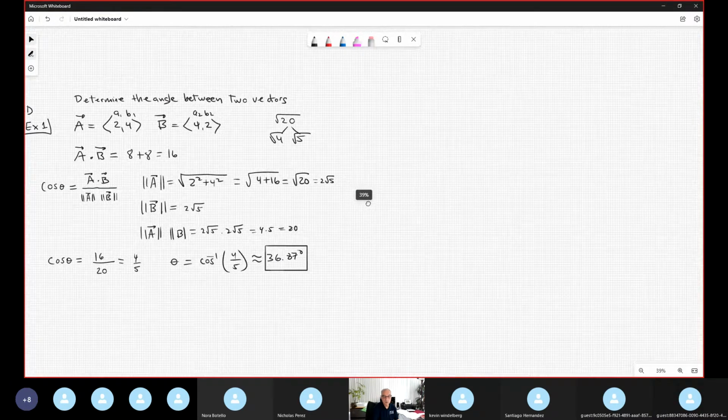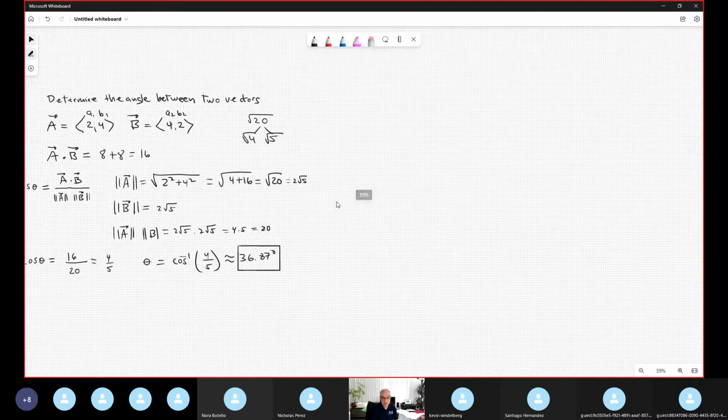Yes. Example 2. Again, the same application of the dot product. Well, we have this vector, the A vector. By the way, I copy exactly the same A vector, (2,4).